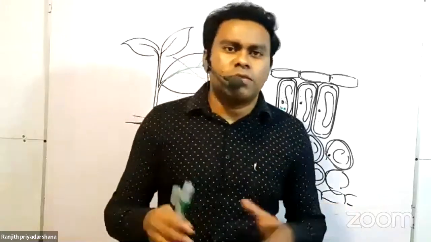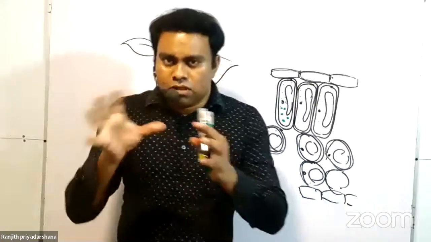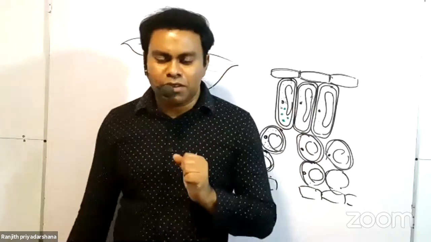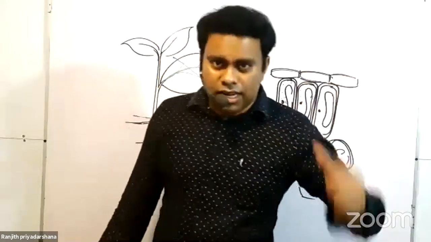There are different types of nutrition habits. One is autotrophism, as you learned in grade 6. Autotrophism means they can produce their own foods themselves, just like green plants, using the energy of sunlight.